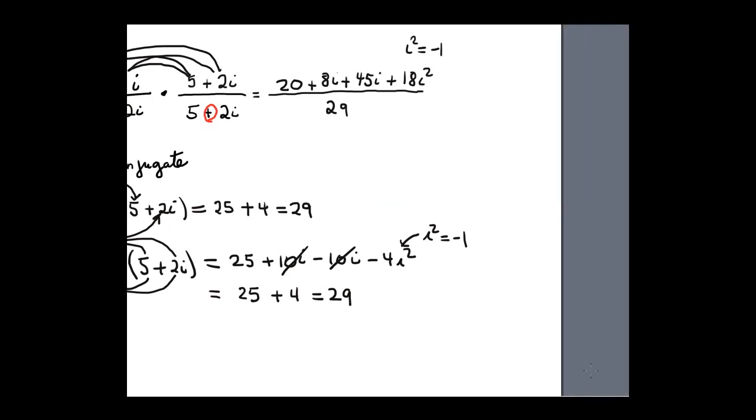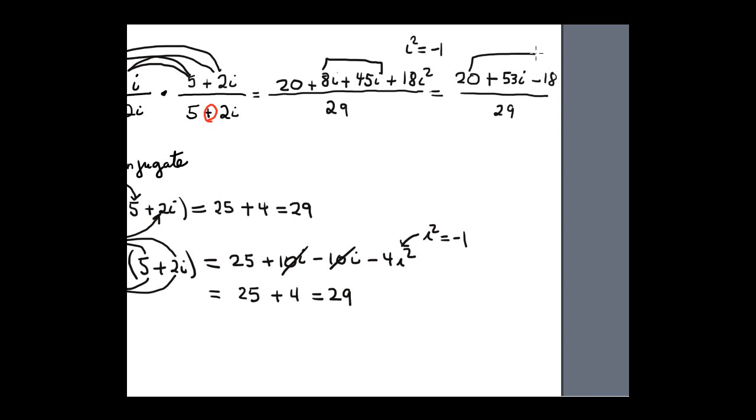So far we have 20 plus 1. We can combine if you want this part. It's a 53i. And this is negative 18 over 29.